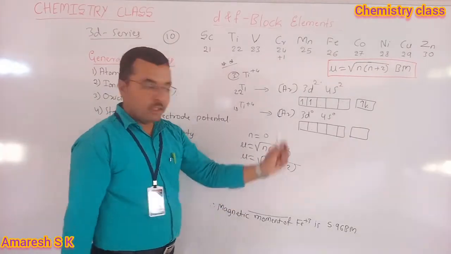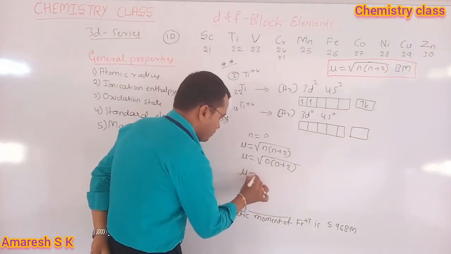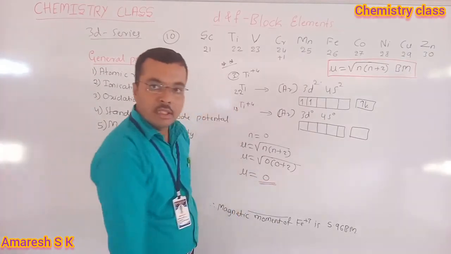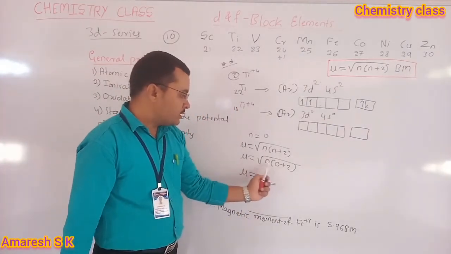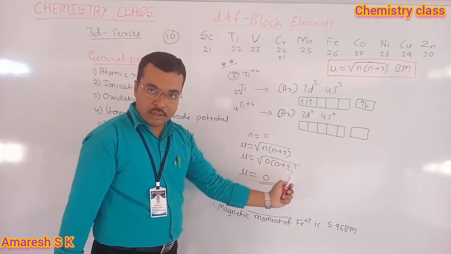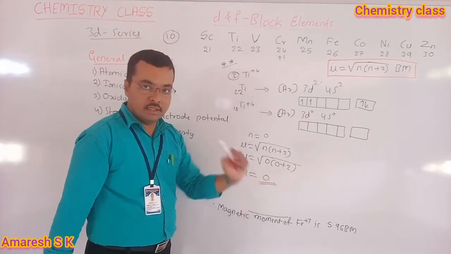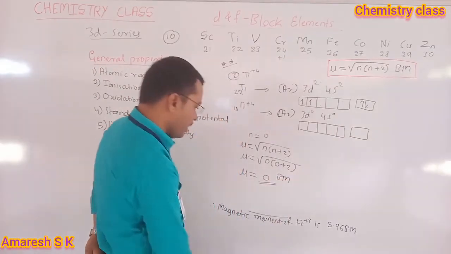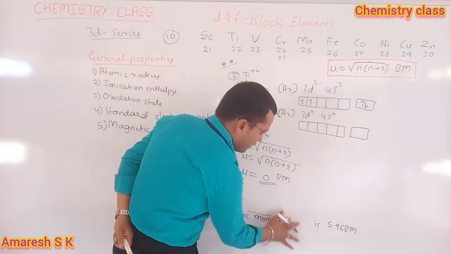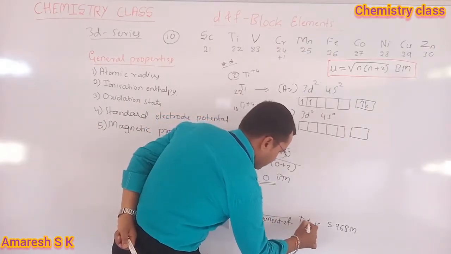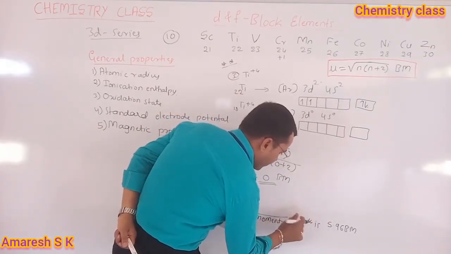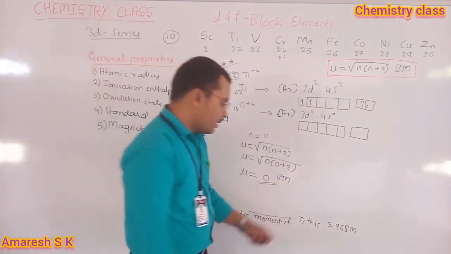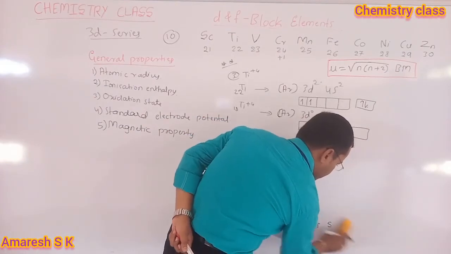Mu is equal to 0, since 0 into 2 is 0 and square root of 0 itself is 0. The magnetic moment of Ti plus 4 is completely 0.